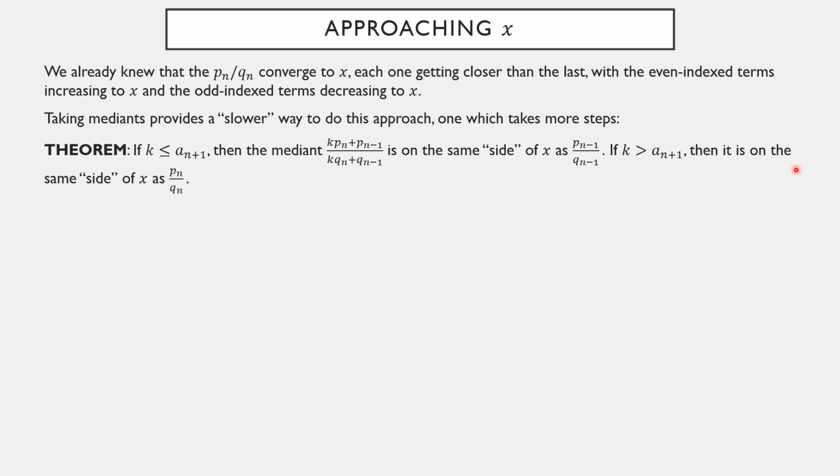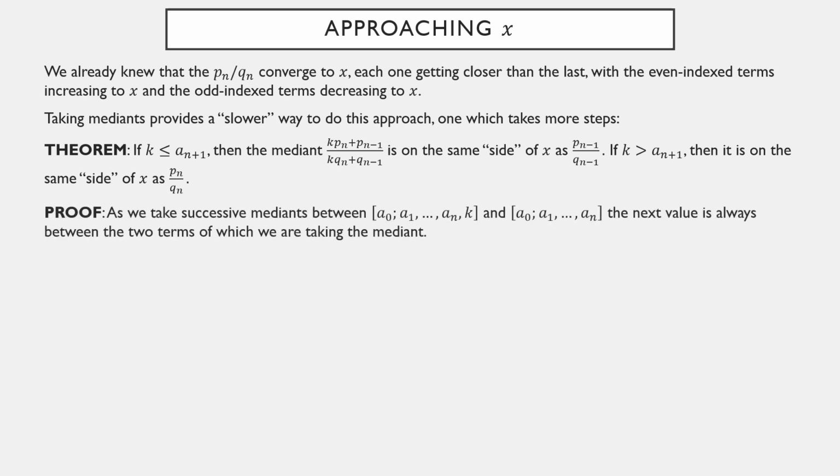Once, however, you let k be larger than this partial quotient, you will flop over to the other side of x and you'll be on the same side of x as the larger index convergent pₙ/qₙ. So the partial quotient aₙ₊₁, if you keep constructing these mediant-looking things, is exactly where you flop from being on one side of x to the other.